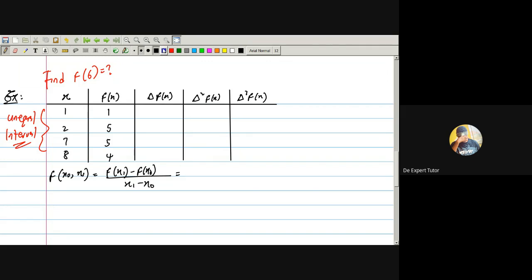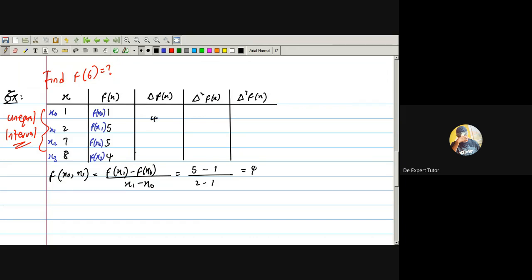Let me label this, it's very important: x0, x1, x2, x3, so this one is f of x0, f of x1, f of x2, and this was f of x3. So I have 5 minus 1, all over 2 minus 1, and my answer here is 4. So it means you are going to put 4 here.